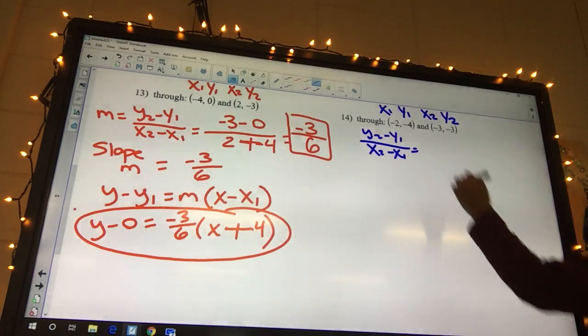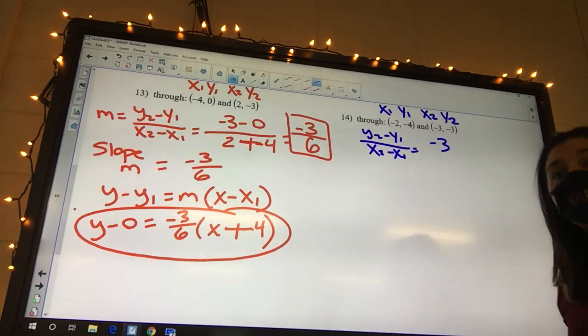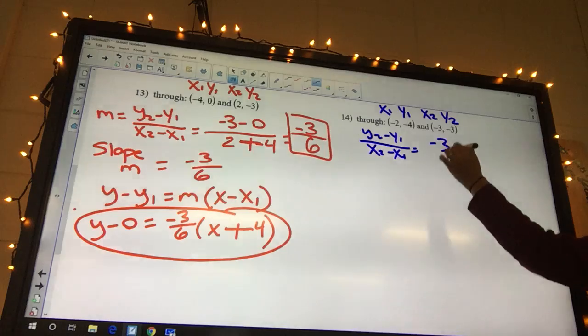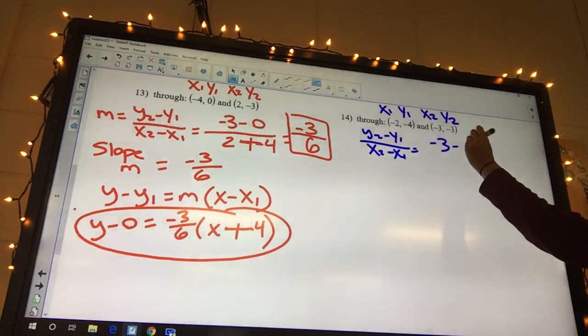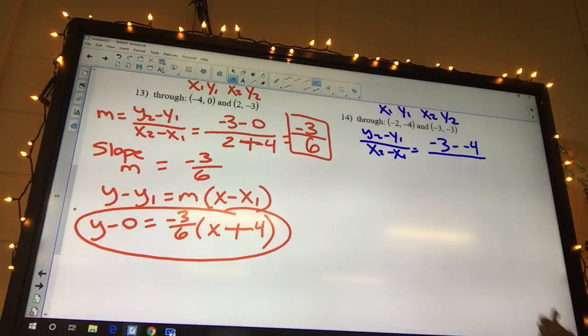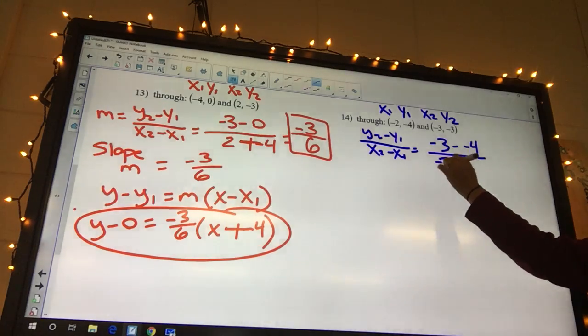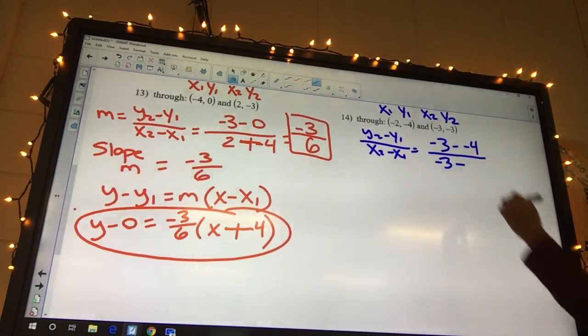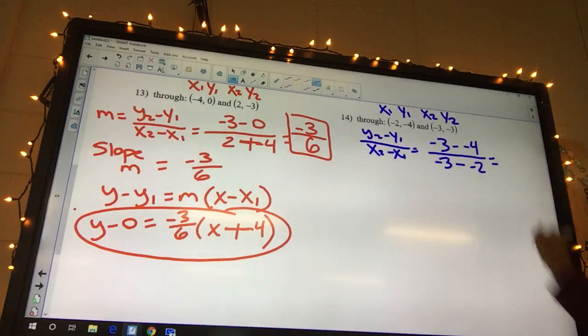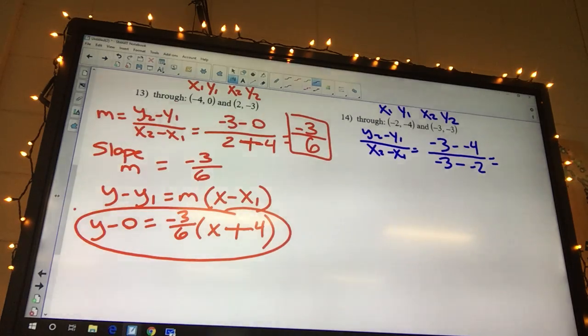Okay, well my y sub 2 is negative 3 minus y sub 1 is negative 4 over x sub 2 is negative 3 minus x sub 1 is negative 2. Okay, well these minuses I can change to a what?